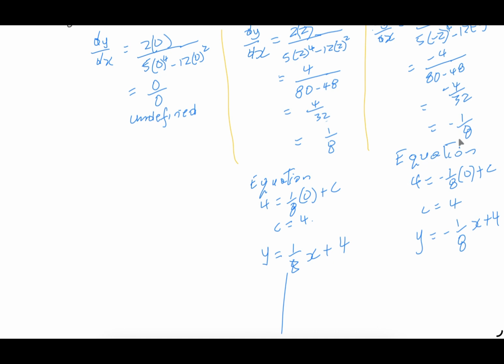For the equation where your gradient was negative 1/8, we have 4 is equal to negative 1/8 times 0 plus c. So c will still be 4, and your equation here will be y is equal to negative 1/8 x plus 4.